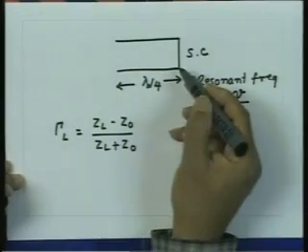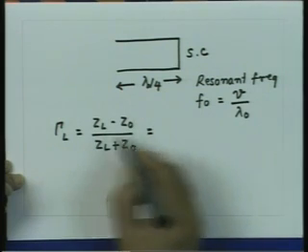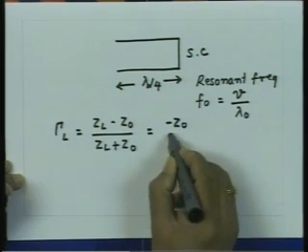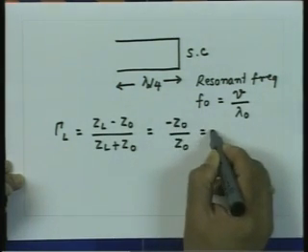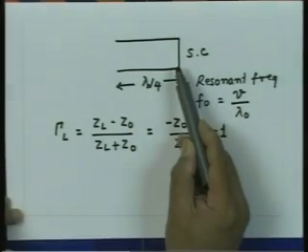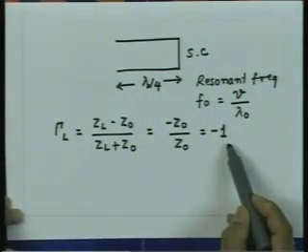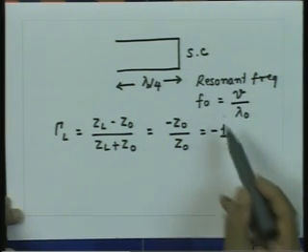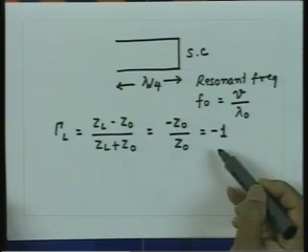So, ZL is 0, so that is equal to minus Z0 upon Z0, that is equal to -1. So, the reflection coefficient for short circuit load is -1, which is saying that the amplitude of reflection coefficient is 1 and it has a phase change of 180 degrees. We will make use of this information later when we go to the application of transmission line for the voltage or current stepping of transformers.